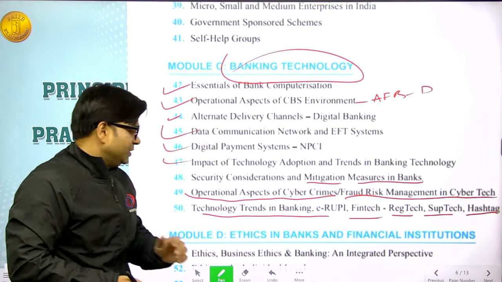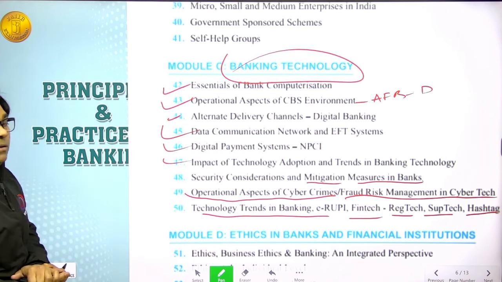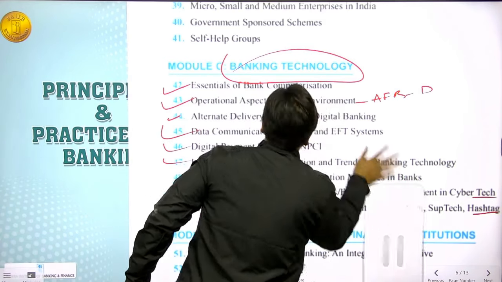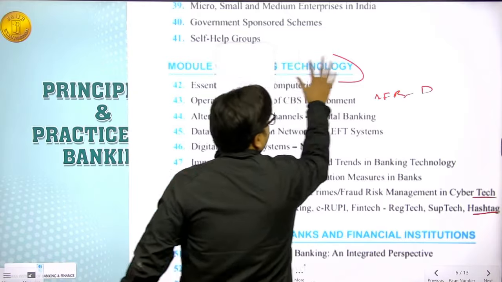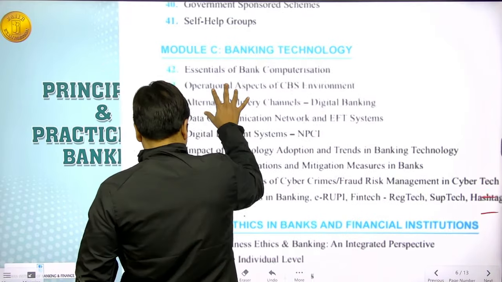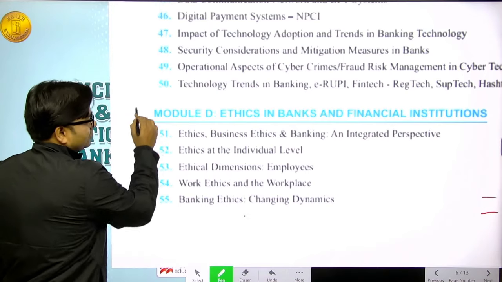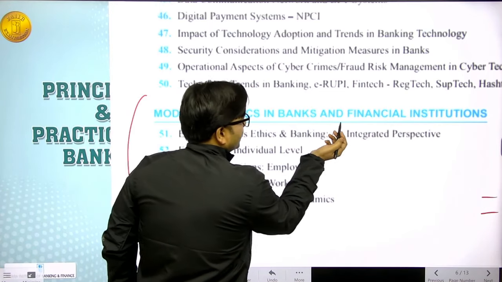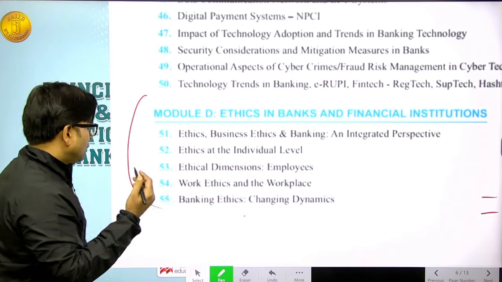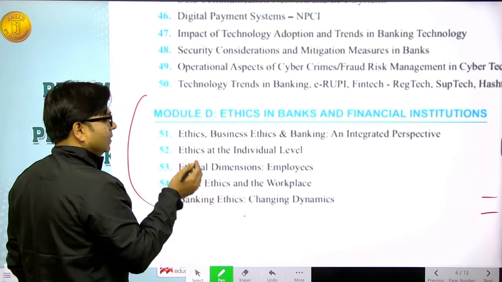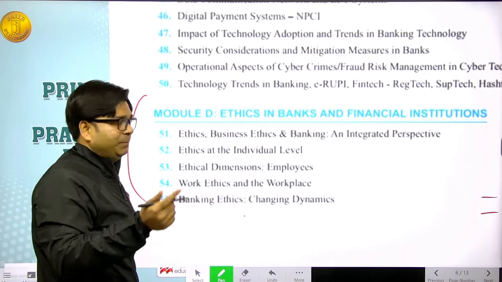Let's see what changes have been made in module D. So the favorite one, ethics in bank and financial institution, all 5 topics as it is in module D, from module E of PPB.